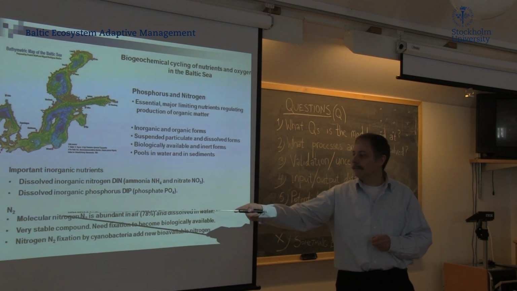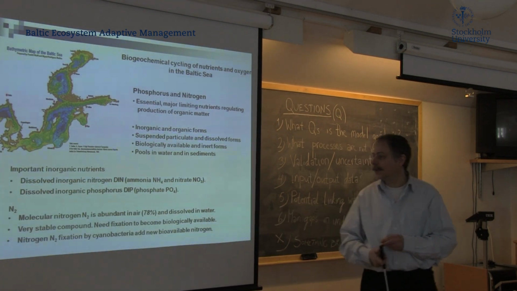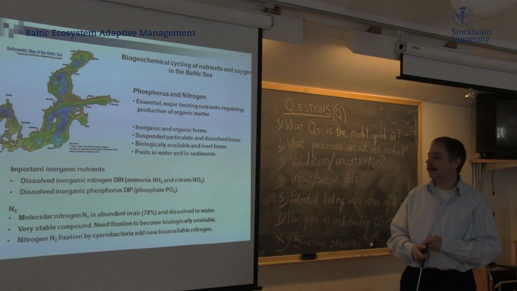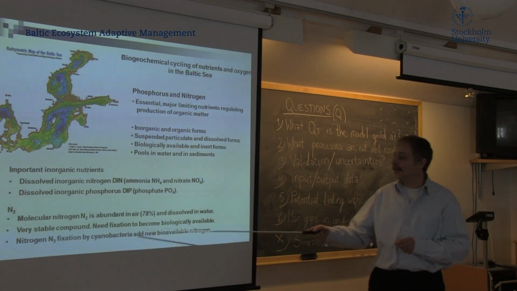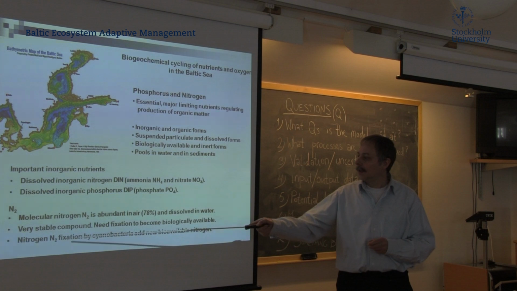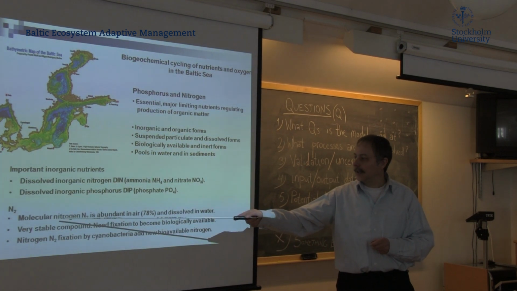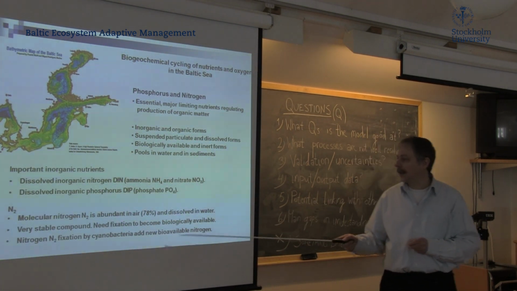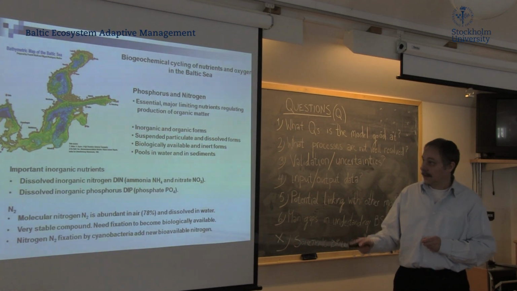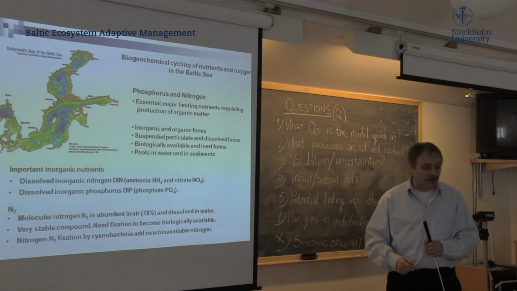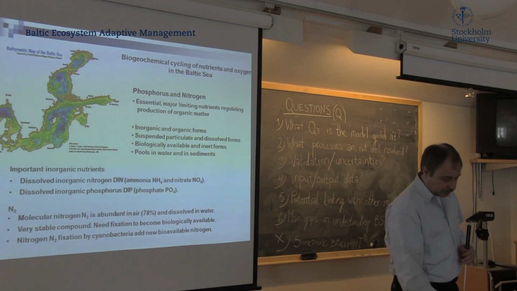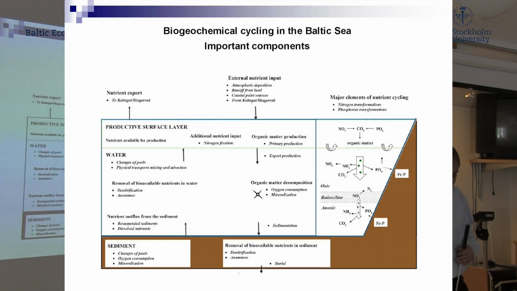And then also important for cyanobacteria is the ability to fix molecular nitrogen from the atmosphere. Due to the motivation that I sketched in the beginning, we want to describe also cyanobacteria, because it's one of the consequences of eutrophication.